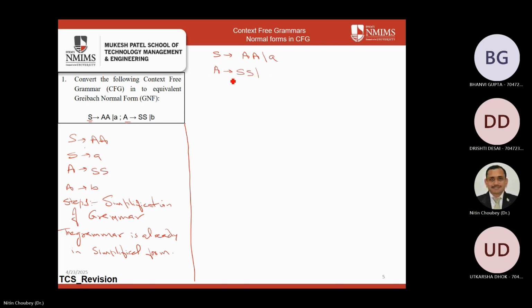So just replace this S with the productions available in S. So A gives AAS bar AS bar B. Basically, this first S has been replaced with this and this.